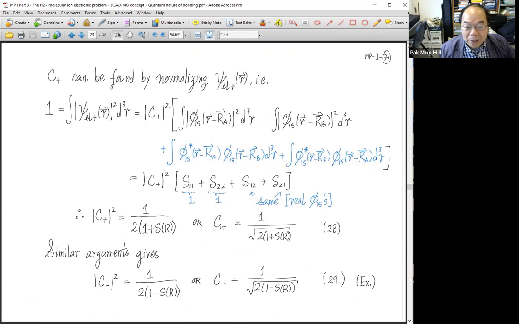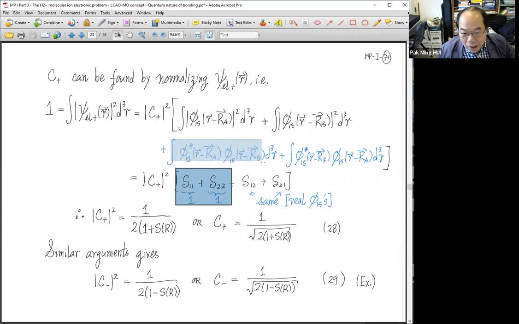So here is a 1-page derivation. So I require this to be normalized. 1, I write it out. This is left plus right. So I have a left times left term, right times right term, but I have 2 cross terms. Left times right, right times left. Taking real wave functions, they are the same, all right? Therefore, I have 1 plus 1.